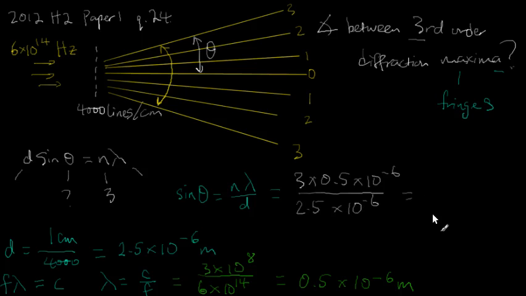And with our calculator, or we can do it by hand actually, we find 0.6. So now that we have sine theta equal to 0.6, this time we have to use the calculator. It will give 36.87 degrees. And finally, to find the answer, we have to multiply by 2. So 2 theta is equal to 73.74 degrees. That's the answer.